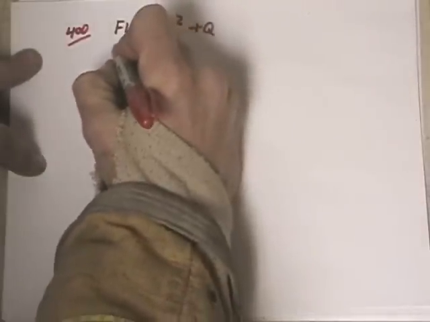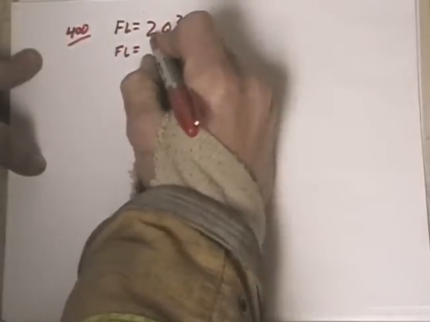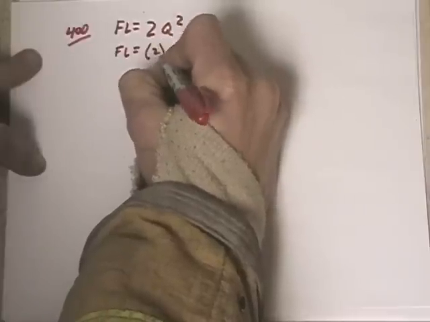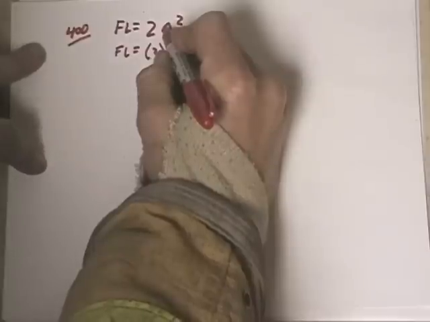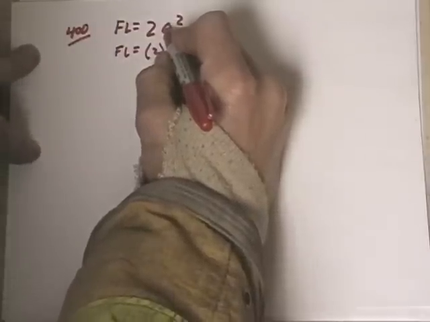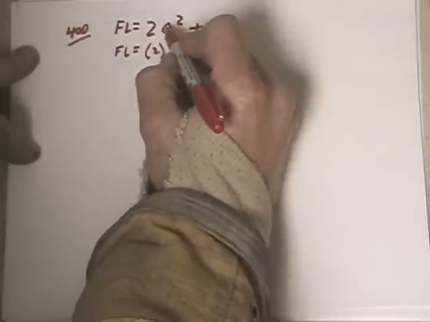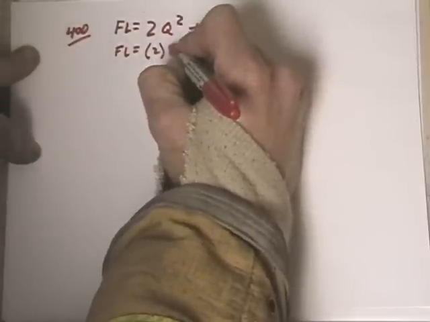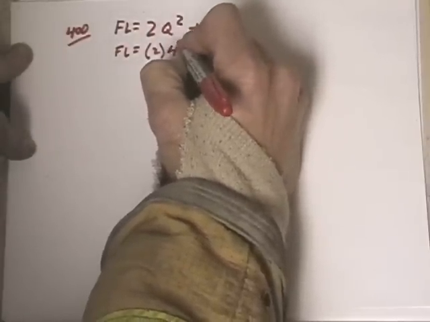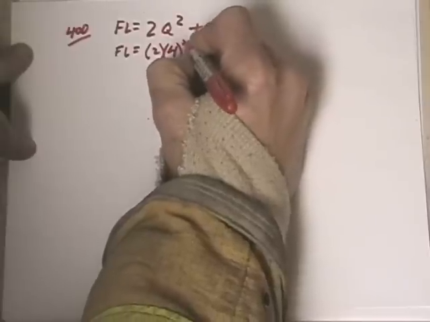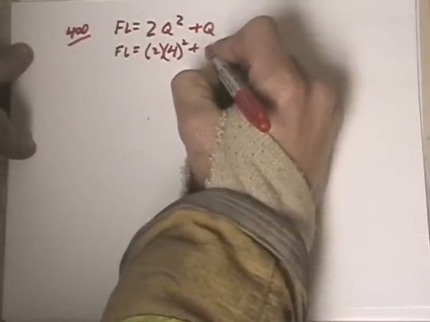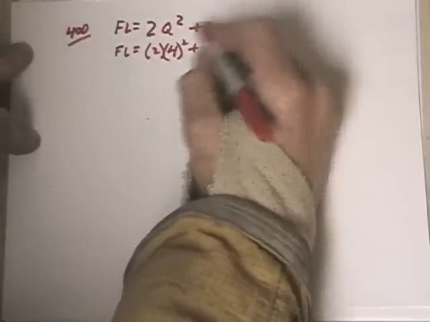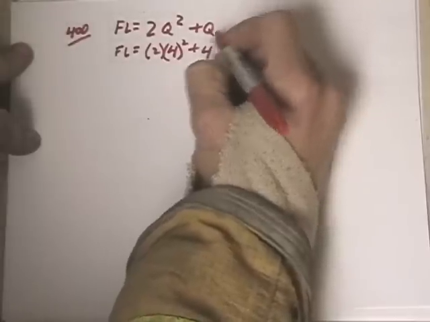Then all we're going to do is take our friction loss is equal to 2 times the flow, and the flow is in hundreds of gallons a minute. So flow would be 400 gallons a minute, so we're going to divide that by 100. So actually Q in this formula is 4. So 2 times 4 squared, and then we're going to add it back in there of the flow divided by 100, so 4.